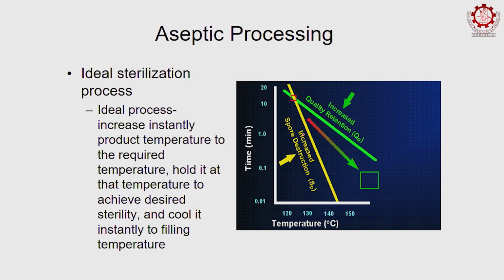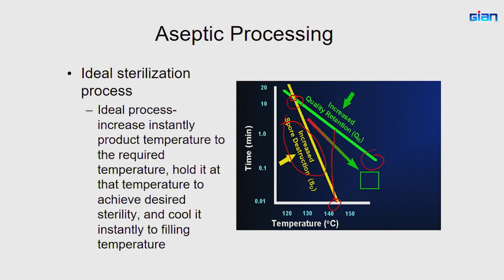If you look here, this is the spore destruction. This happens at 140 Celsius in a much shorter time, whereas this is the quality kinetics, where you are able to retain much more of the product quality. Whereas at 121 Celsius, which is the traditional canning temperature, you are going to have almost similar destruction of both nutrients and the spore-forming bacteria.